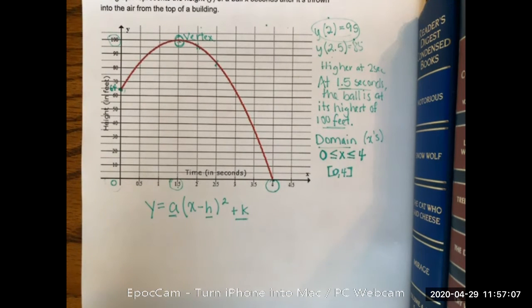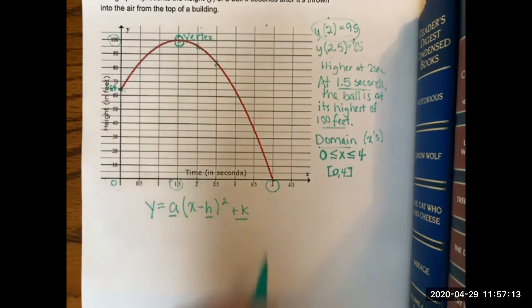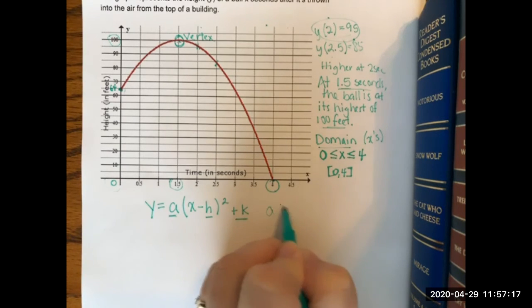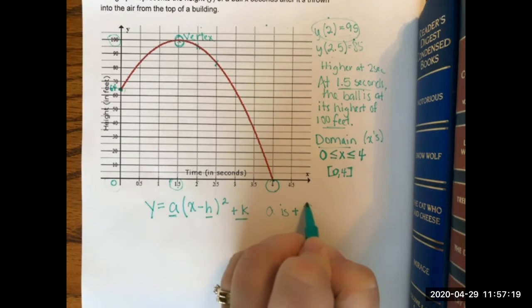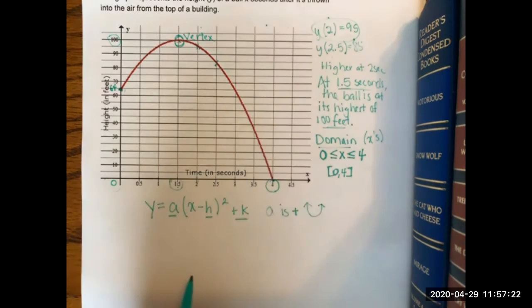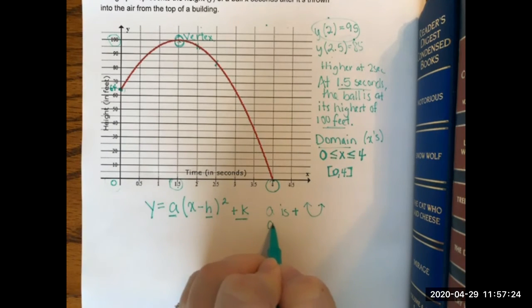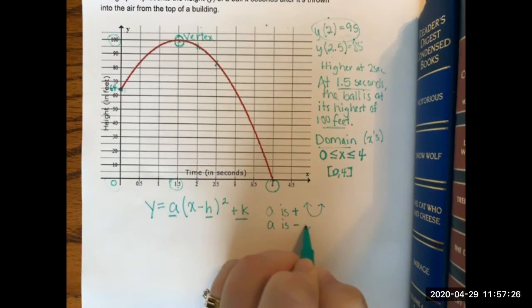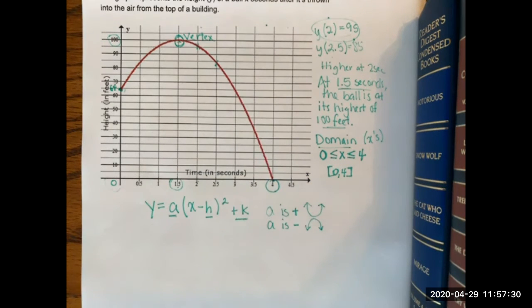However, we can tell whether that a is going to be positive or negative. Let me remind you that if a is positive, our parabola opens up like a cup. If our a is negative, our parabola opens down like a frown. So use that to decide.